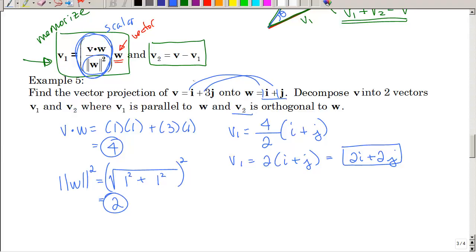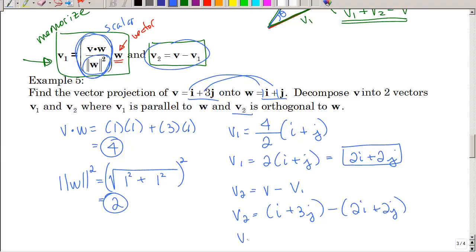Now we need to do v2. So v2 is just the vector v subtracting the answer we just got. So v was i plus 3j, and I want to subtract the answer I just got, and again, that's just collecting like terms.